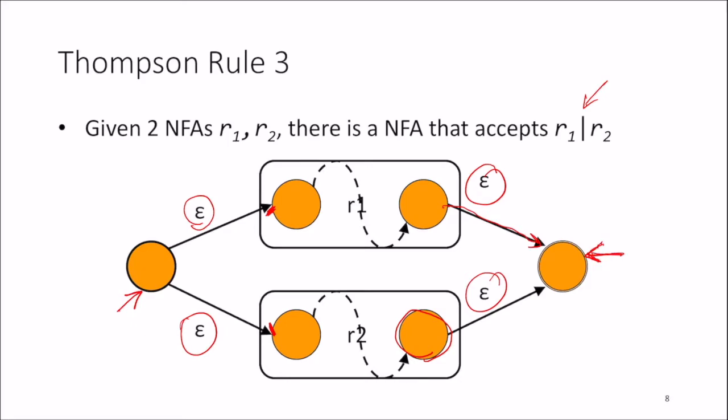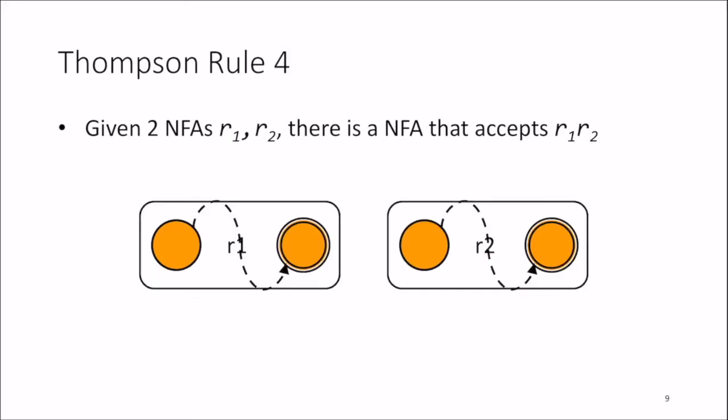So I can take either this path or this path, and that is the definition of R1 or R2. So I can build a bigger NFA that accepts this alternation.